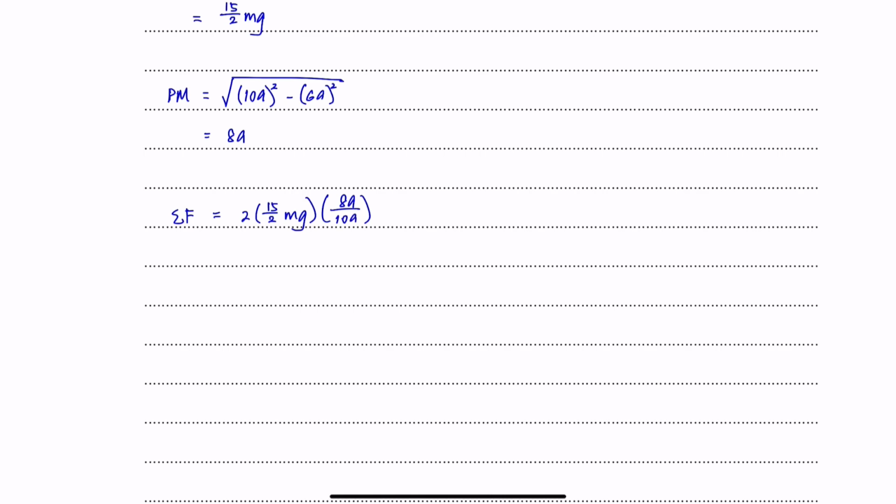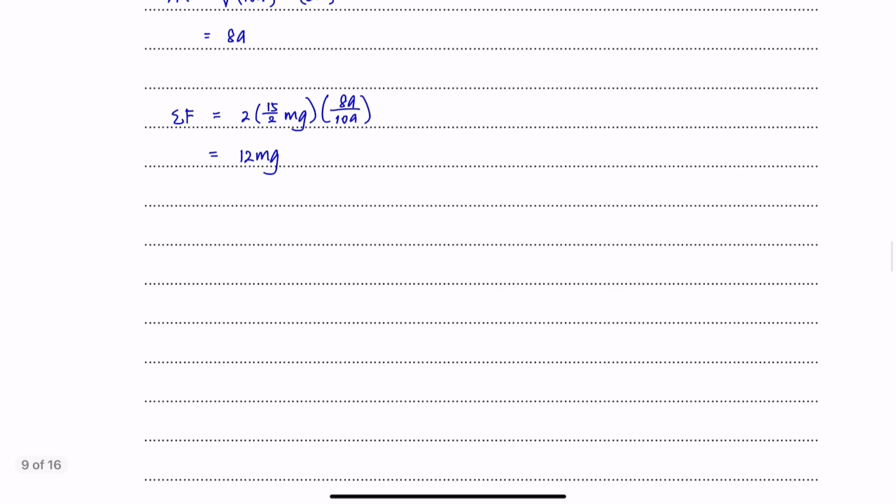And this would give us 12 mg. And 12 mg equals mass times the acceleration. Let's call it big A for now, because 10a is used on the other side, so let's just not confuse ourselves. So the acceleration would be 12g.